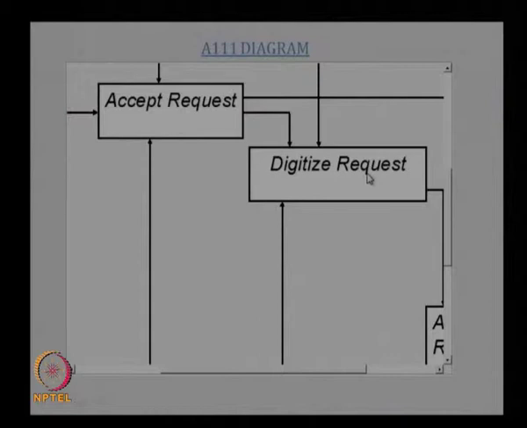So we take all the functions identified in the IDEF0 diagram and then represent them as a hierarchical chart that will give you the functional decomposition. So once we have the functional decomposition, it tells us what the functions to be provided in the system are. As we saw in some of the previous examples, we can write down all the functions like accept request, digitize request, acknowledge request, like that, and that will provide you a hierarchy of functions.